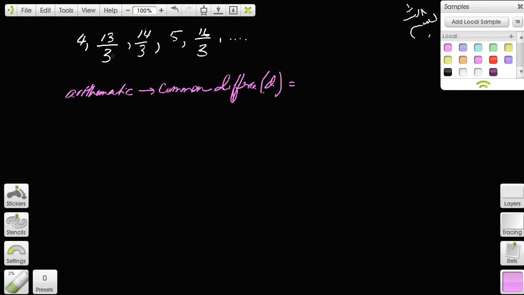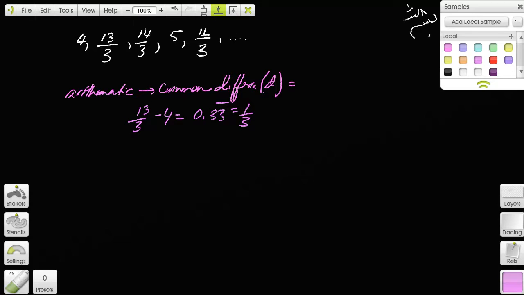So it's 13 over 3 minus 4. 13 divided by 3 minus 4 comes out to be 1/3, or 0.33.